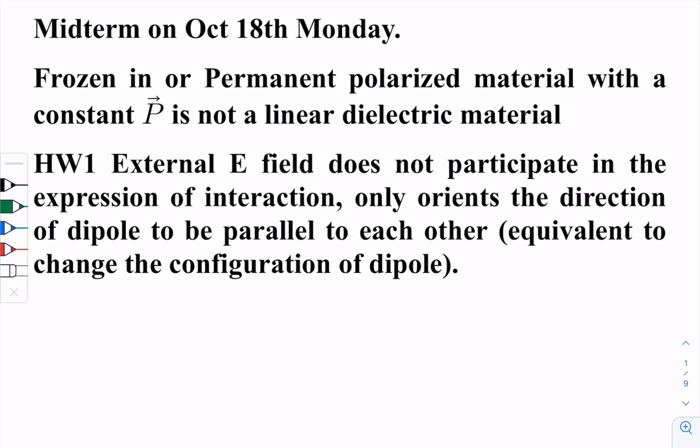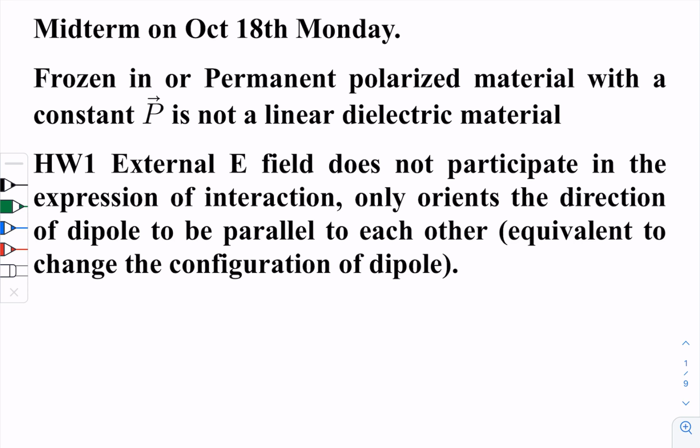Initially, the 2 dipoles are perpendicular to each other. And then you can imagine that with the external E field, the 2 dipoles will try to align with the external E field. This means that the 2 dipoles are parallel to each other instead of perpendicular to each other. So this is what the E field contributes in this problem.